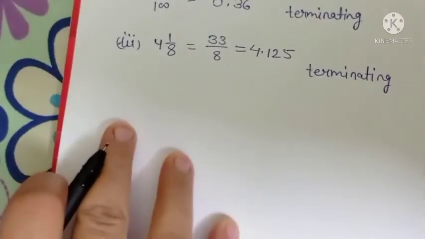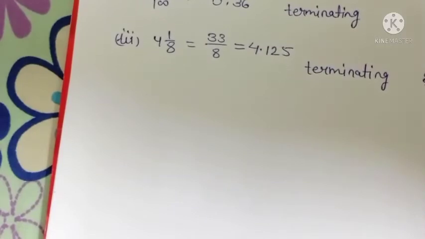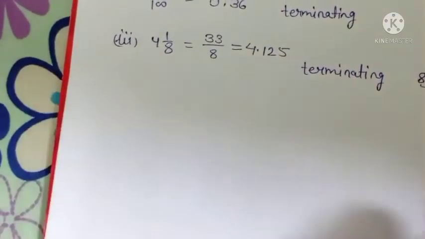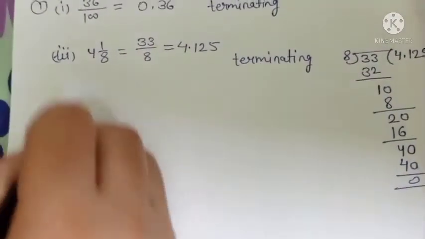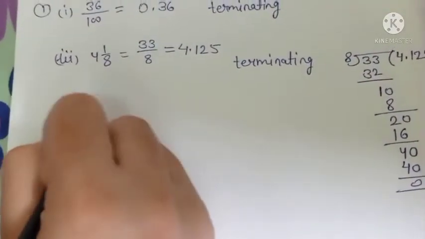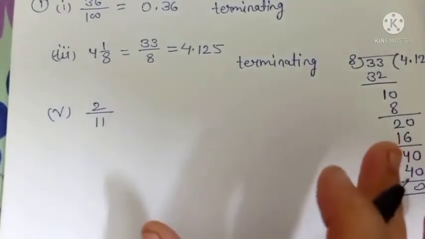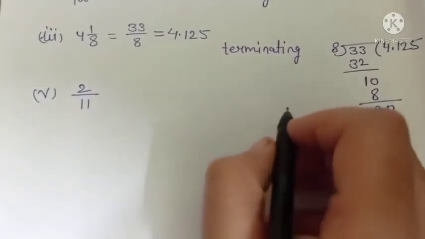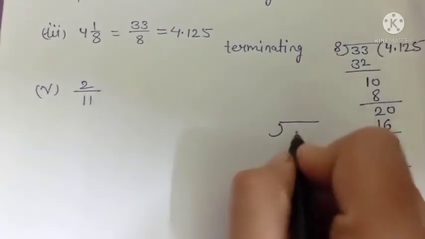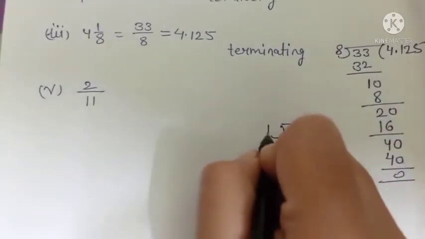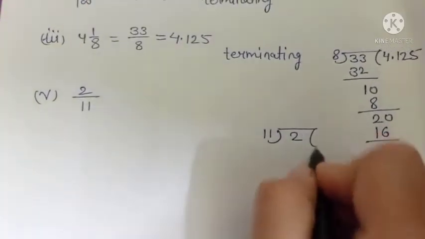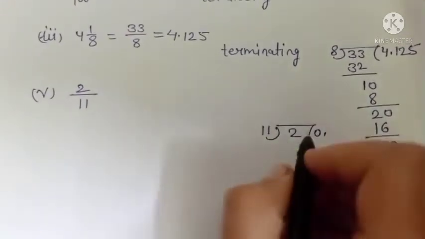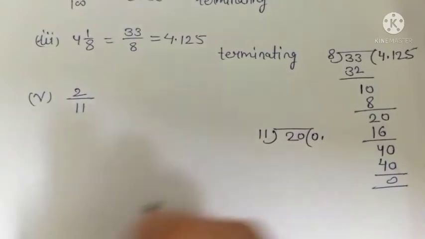Now come to the fifth question, which is 2 upon 11. For which 2 is to be divided by 11, but 2 is not divisible by 11, so we take a decimal and it becomes 20.